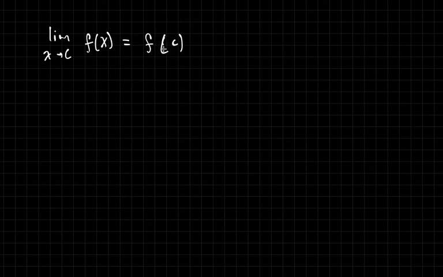But this is not always true, okay? This is basically saying if direct substitution is applicable, then do this right here, where you input your value c into this function, and that's equal to this. However, this may not always work, right?